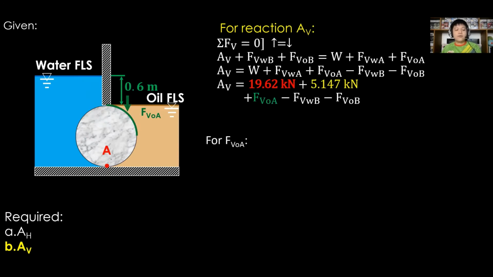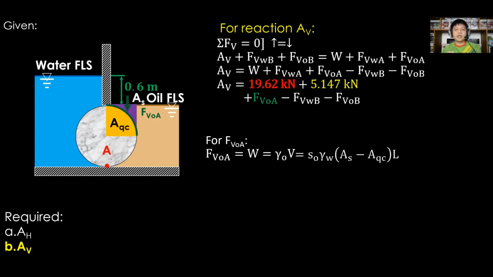Next, for F sub VOA, it is equal to gamma of oil times the volume. But the volume we need is for the fluid that is above this arc. Therefore, we need to determine the fluid above the surface, which is one square prism, then subtract a quarter of a circle prism.